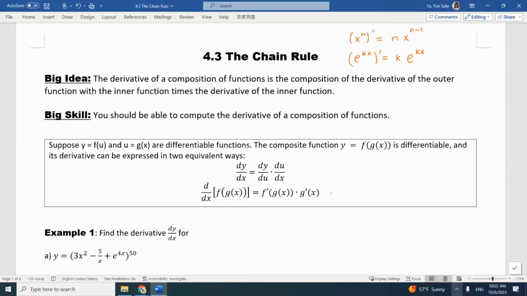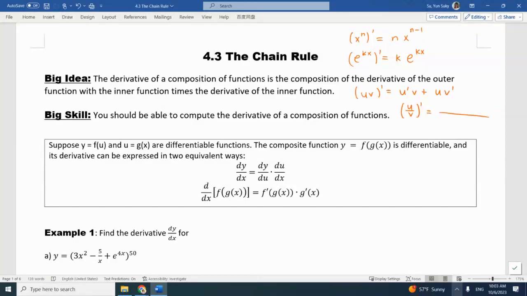And then we have the product rule. So (uv) prime is u prime v plus u v prime. Remember, two students go to the restroom together, they go one by one. They don't go together. So this is the product rule. And then we have the quotient rule.